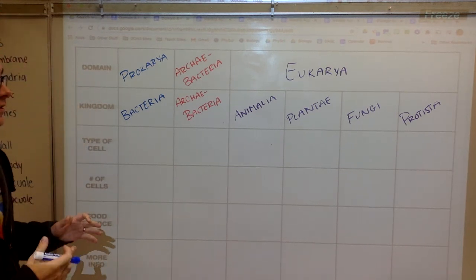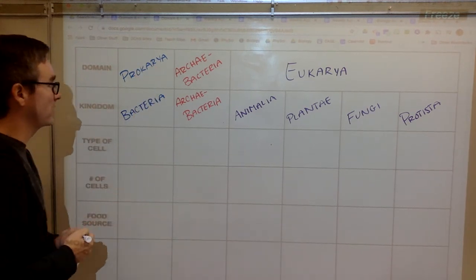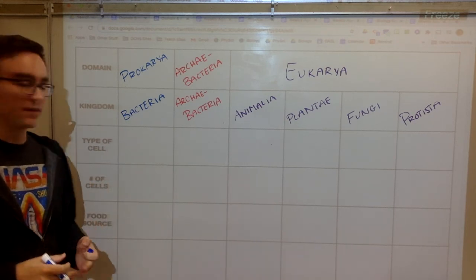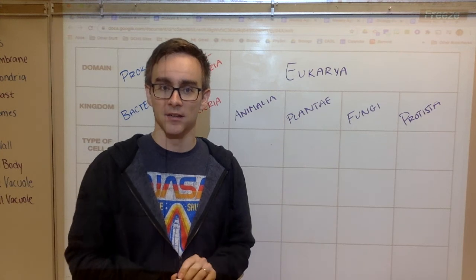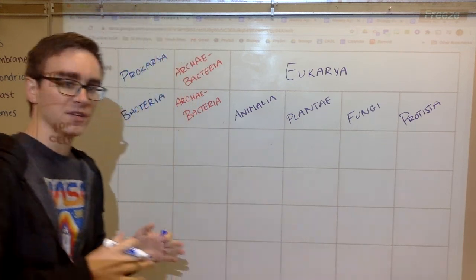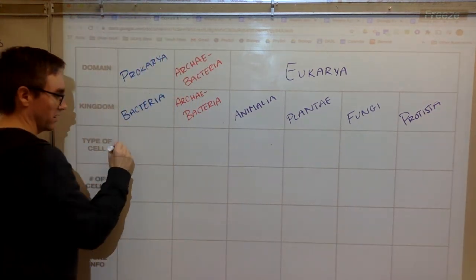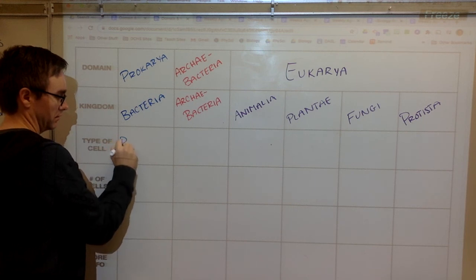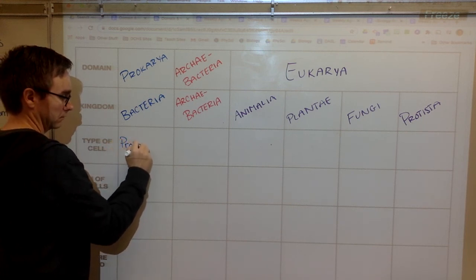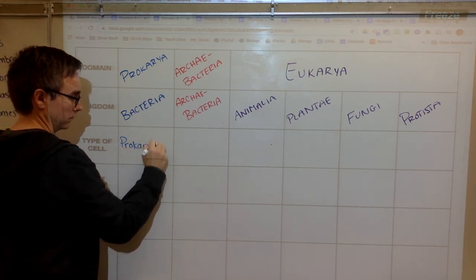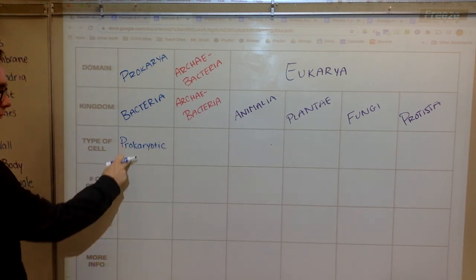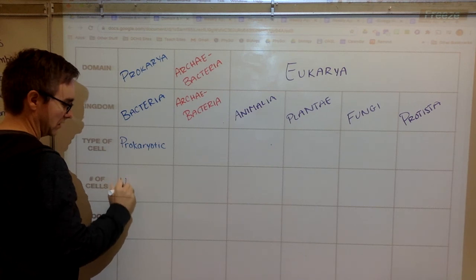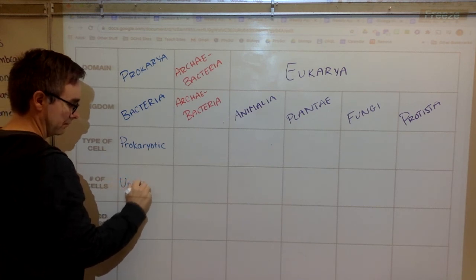All right. So in this domain kingdom, under Prokarya, you might be able to guess, or at least I hope you can, the type of cell that falls under Prokarya, and it is a prokaryotic cell. We know that prokaryotic cells always have to be unicellular.